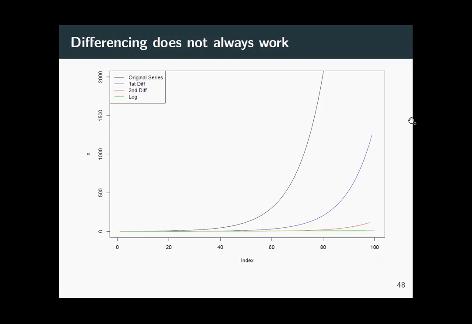It's a bit artificial, but let's say my series is this exponential trend. By definition, if you difference an exponential trend, you get back an exponential trend. So you see the black is my original series. I do a difference, I get the blue series. I do another difference, I get the red series. And you see differencing doesn't help you. The series is still non-stationary.